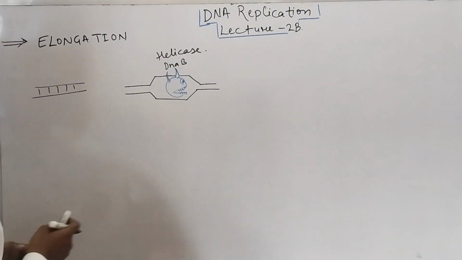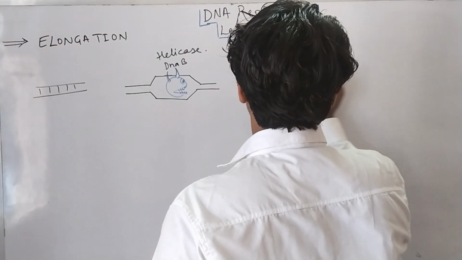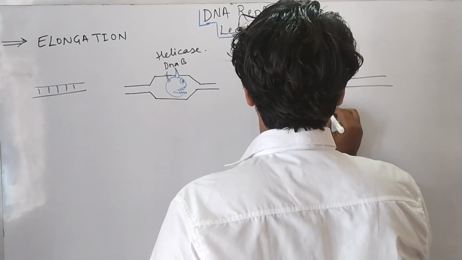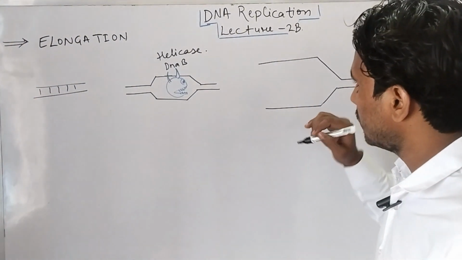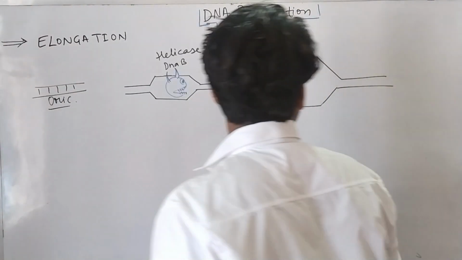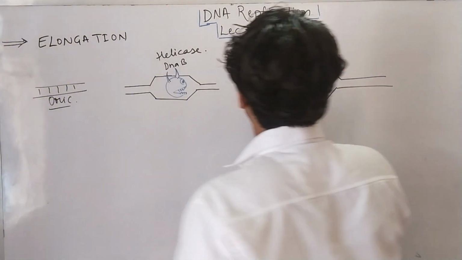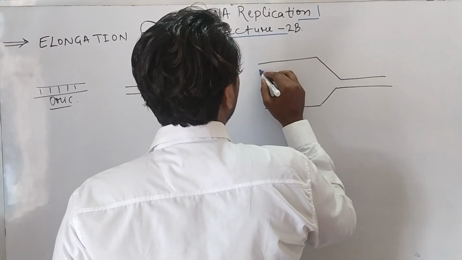It is opening the DNA. Once the DNA is single stranded, it can be easily degraded by nuclease activity. So there we need some important enzymes which are called SSB. What is it?